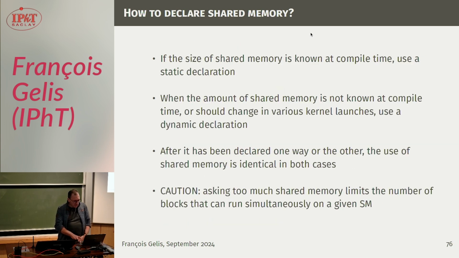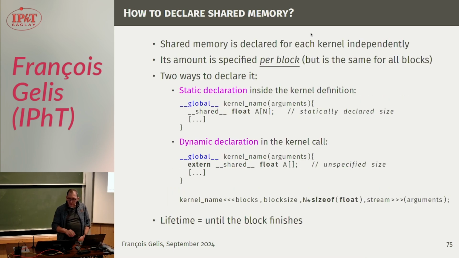So just one more thing. No matter which way you choose for declaring the shared memory, the way you use it afterwards is exactly the same, and there is no consequence of choosing one way or the other. Another thing which is important, this shared memory has a lifetime, which is until the current block of threads finishes.